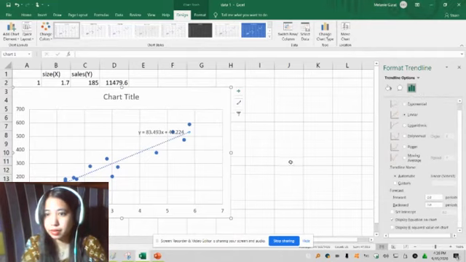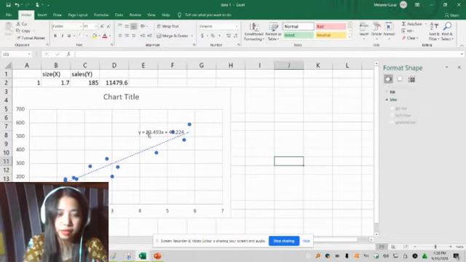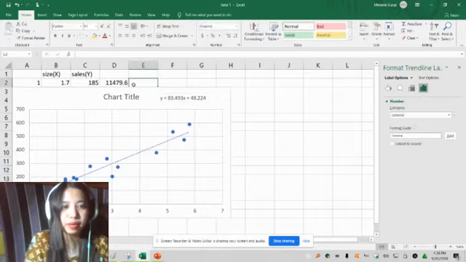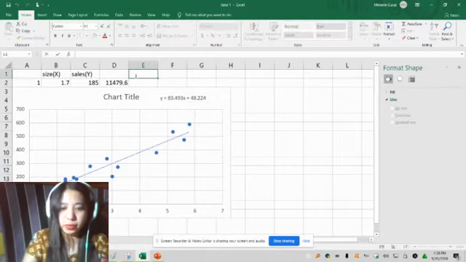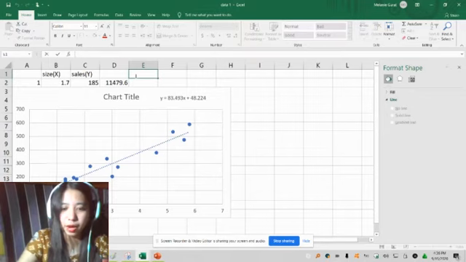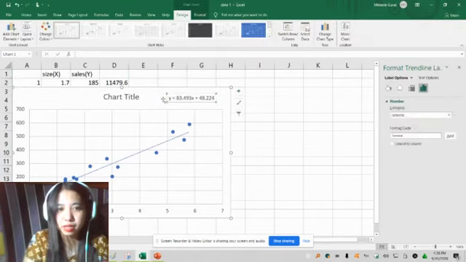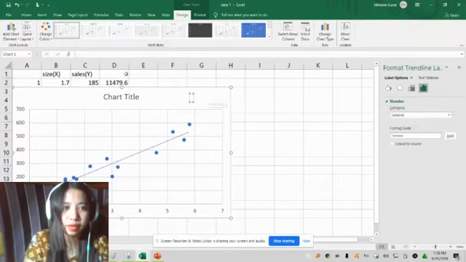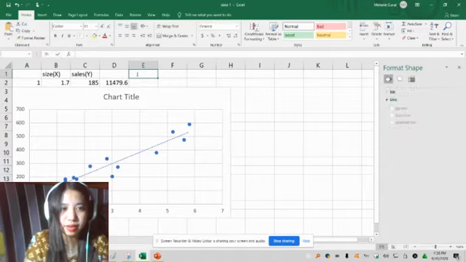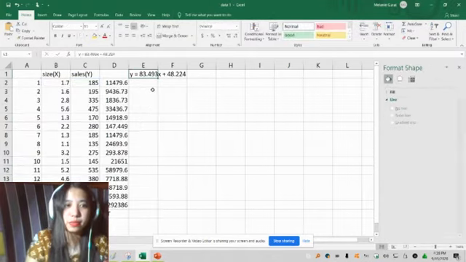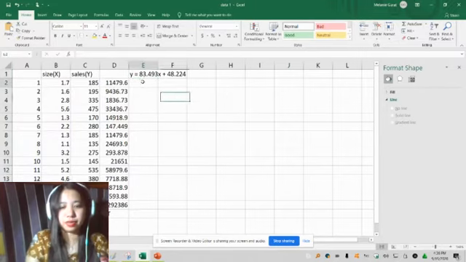Okay, so what I need is this value. I'll encode it here, so I can just copy this and paste it here. I'll delete this chart, I don't need it.